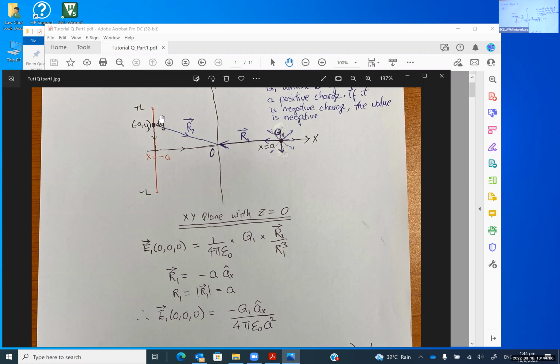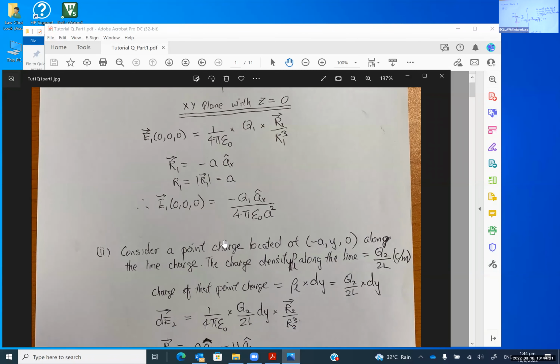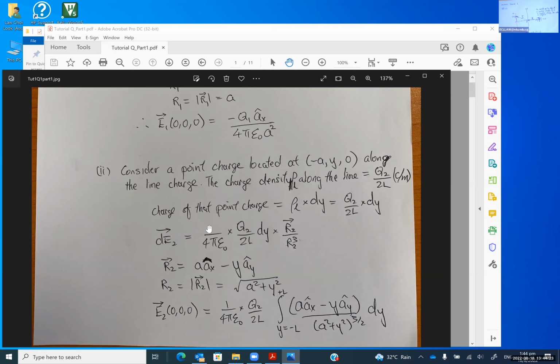Okay, so therefore, the total charge of this point charge is rho L times dy, where rho L is equal to Q2 divided by 2L. That's why I have this here: 1/4 pi epsilon naught, Q2 divided by 2L, times dy.